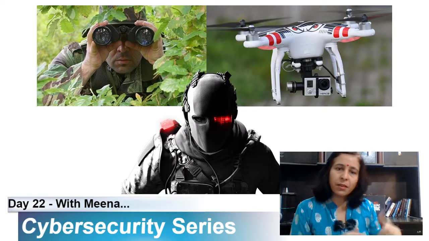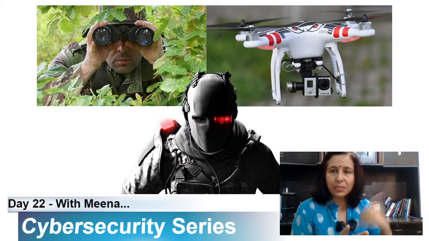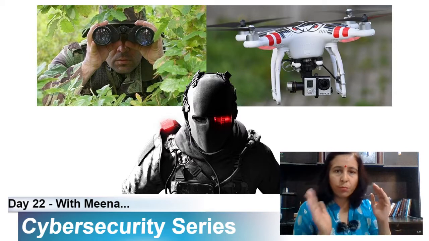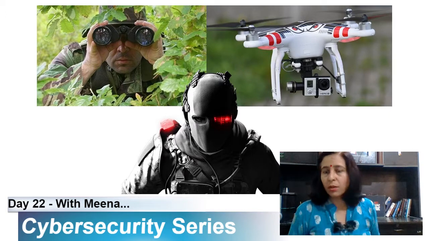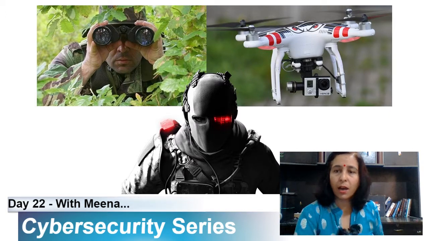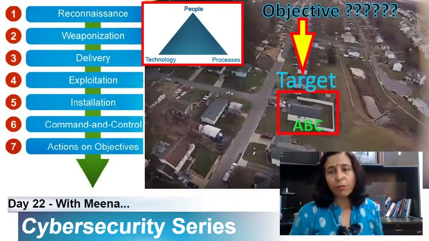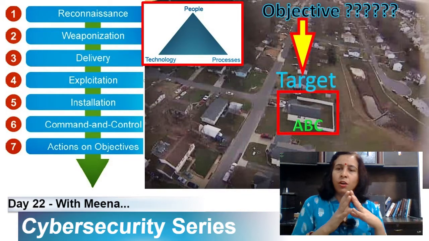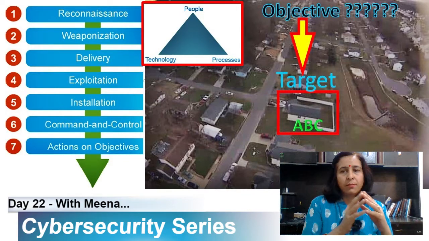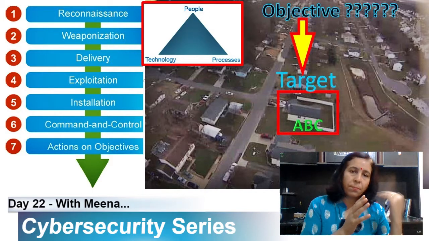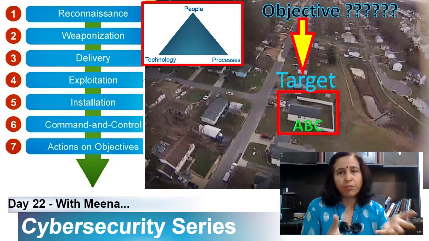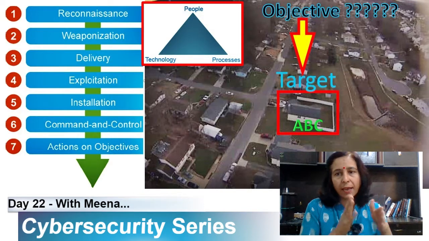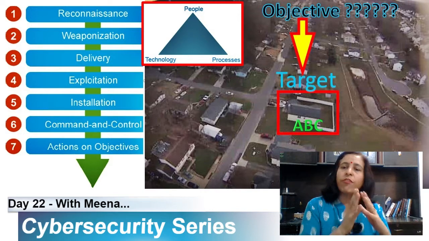Similarly, attackers also think and perform a lot of things before they actually perform the attack. So let's see what steps they take and how they plan before the attack. First of all, when a person, an organization, a government, or someone just for the sake of fun is planning to attack, they need to define the objective.